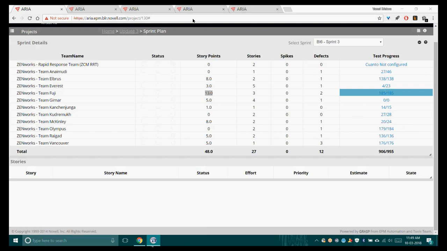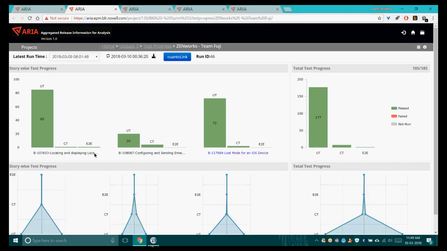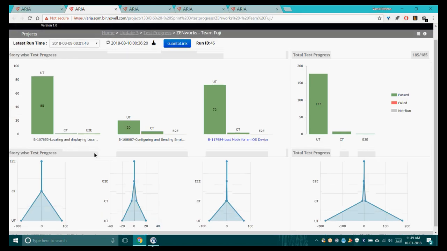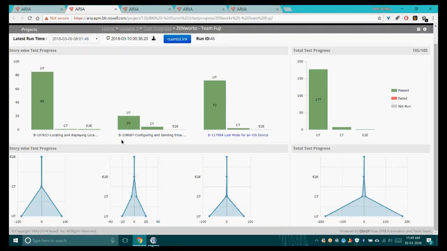By clicking on one of the links, it will take us to another view, where the team is working on 3 stories. For those of you who are not from an Agile background, 3 stories is basically 3 requirements. So you can look at the story. We can then say that there are 85 unit test cases, there are some component test cases, and some end-to-end integration tests.